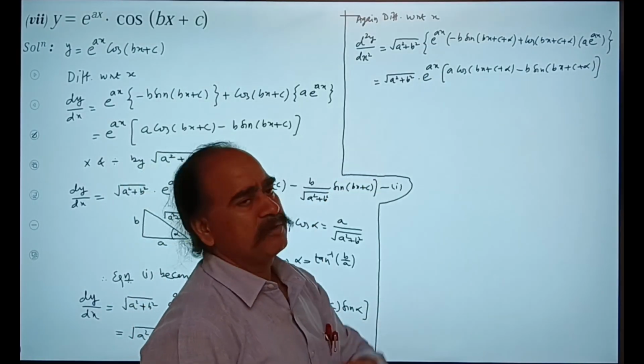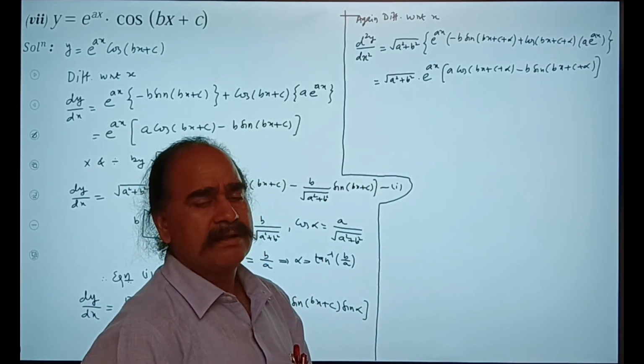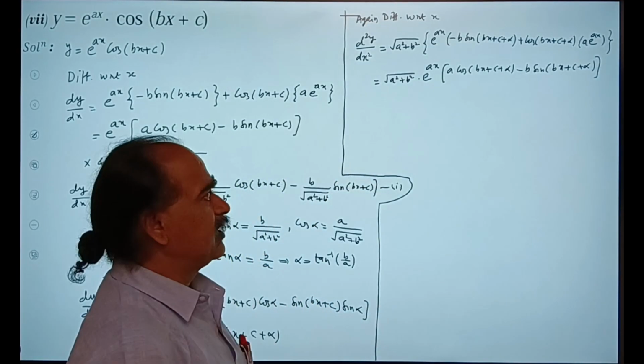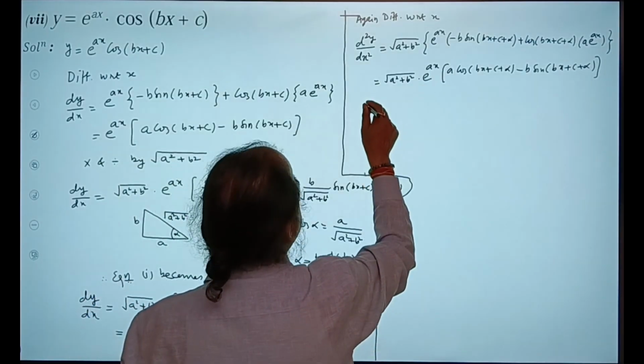Again, we want this bracket as what? Expansion of cosine. For that, multiply and divide by root a square plus b square.